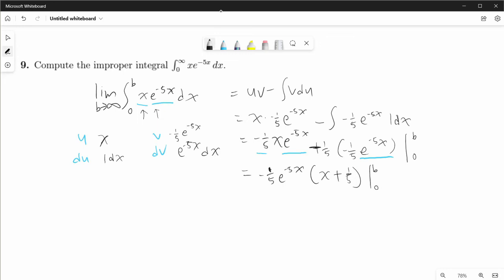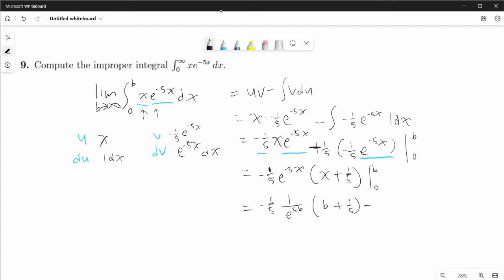From 0 to b. And then I can say -1/5 e to the -5b. Actually, I want to write this in fraction. So 1 over e to the 5b times b plus 1/5.